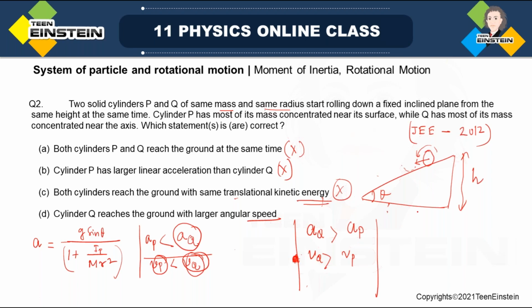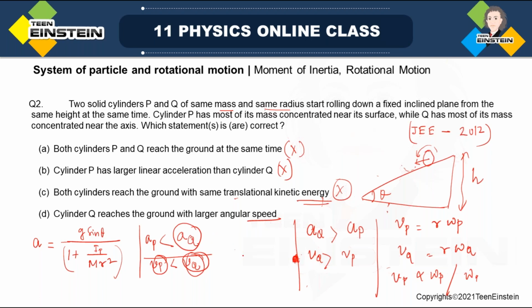So from here, look once again. VP is equal to R omega P, and VQ is equal to R omega Q. That means the linear velocities are directly proportional to the angular velocities.